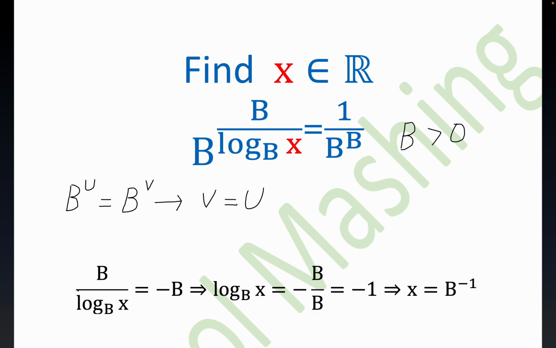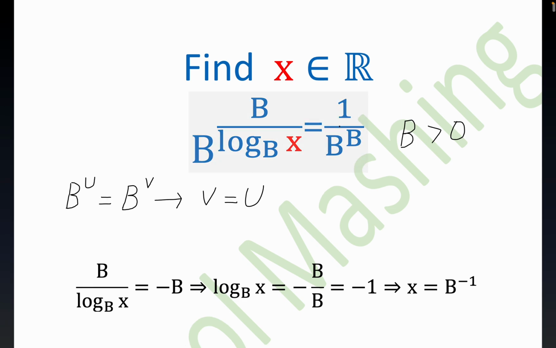And that's exactly what I did right here, folks, because notice we have b raised to the b over this log equals 1 over b raised to the b. Where does this come from? 1 over b raised to the b is just properties of exponents, the very same thing as b raised to the minus b.